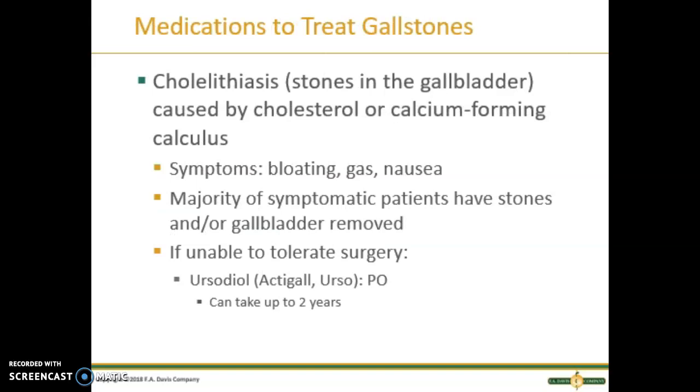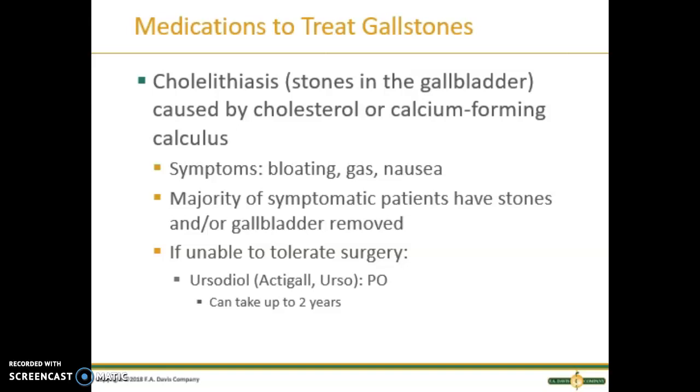Moving on to medications to treat gallstones. Cholelithiasis is the abnormal condition of having calculi formed by cholesterol and calcium in the gallbladder. These calculi are known as the stones, so gallstones. And for patients unable to tolerate surgery, a medication may be used to decrease production of cholesterol and inhibit its absorption by the intestines.